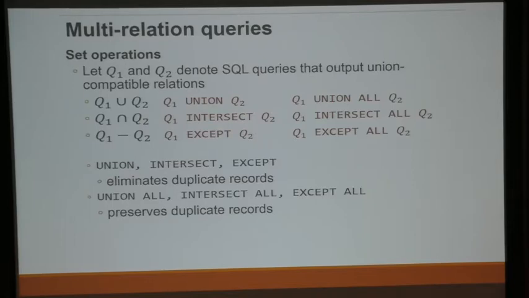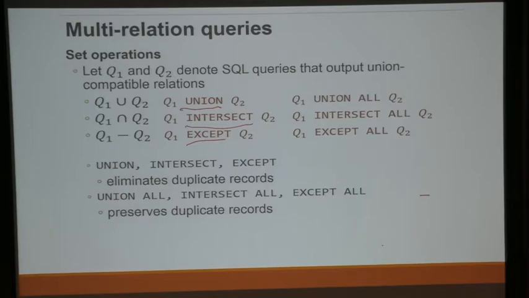For the set operation, it's actually very, very straightforward because there is a direct mapping. If you want to do a union, it's just union. If you want to do an intersection, it's intersect. If you want to do a set difference, the keyword is except. And again, remember that when we talk about relational algebra, when we do any of these operations, the result is a relation, and we define a relation as a set.